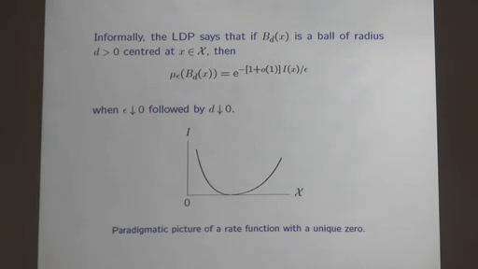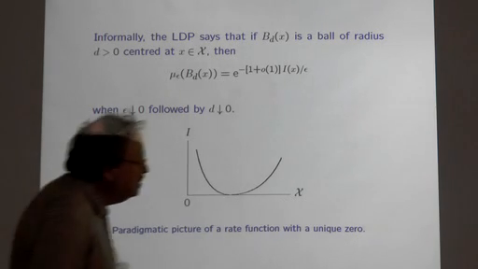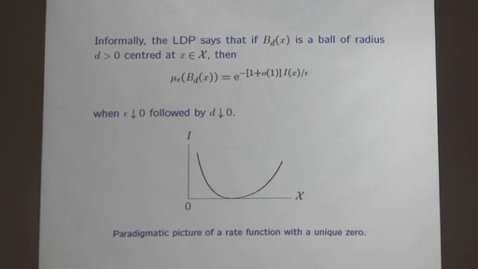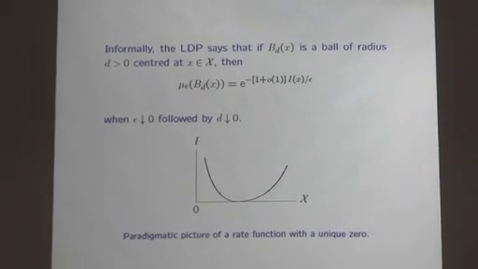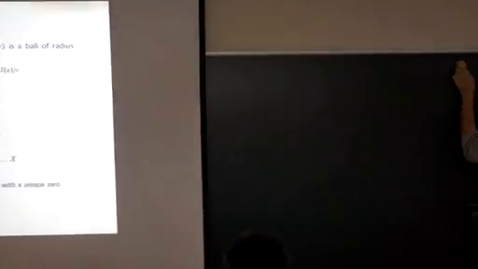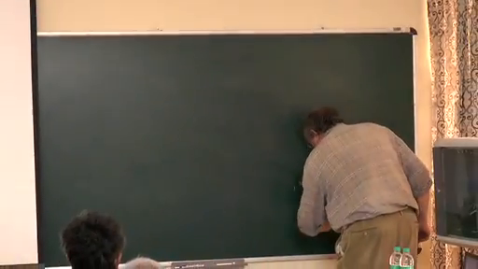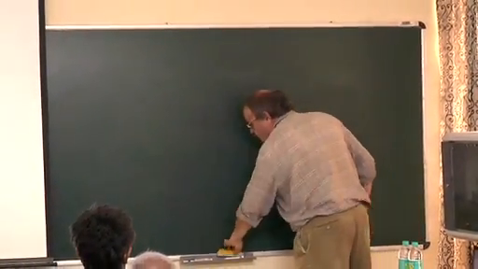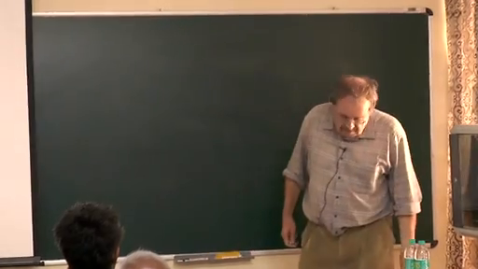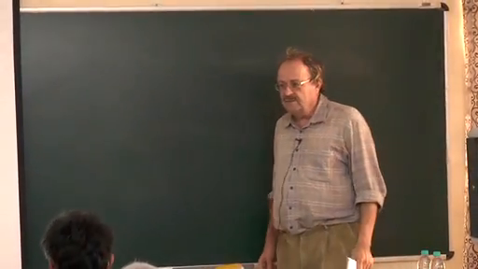Okay, now I want to do one nice thing immediately, and that is to show to you that if you have a large deviation principle, your rate function must be unique. It cannot be that you have a family of probability measures and it satisfies the large deviation principle for two different rate functions. And there's a very simple argument to prove that.